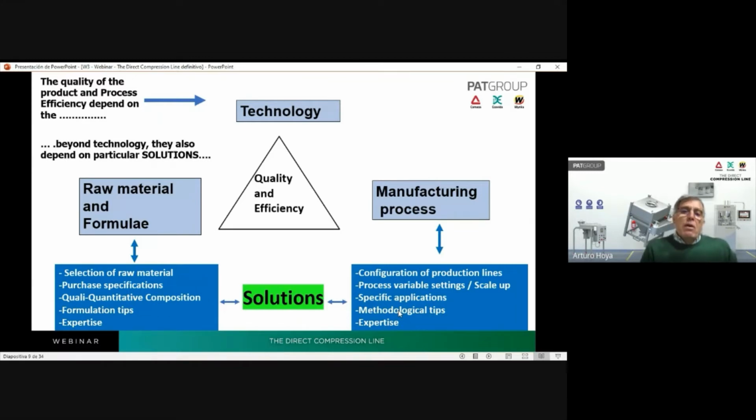So what we want to say is that the quality of the product and the efficiency of the processes are dependent on this trilogy: technology, raw material and formula, and manufacturing process.